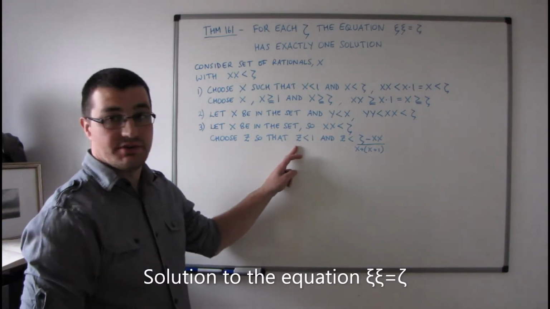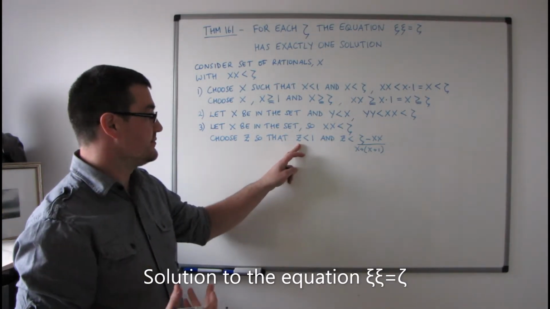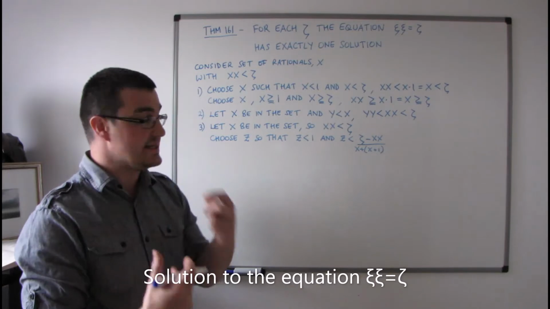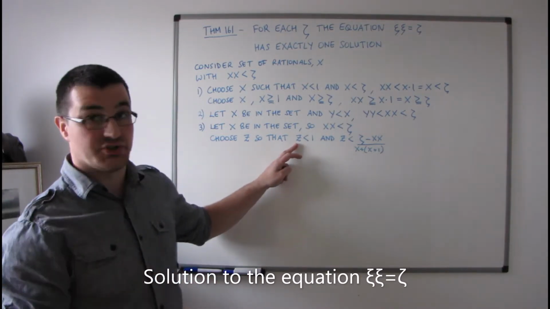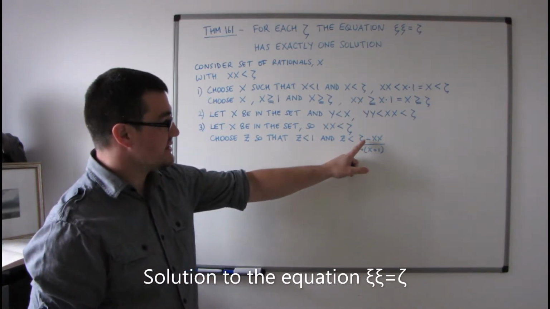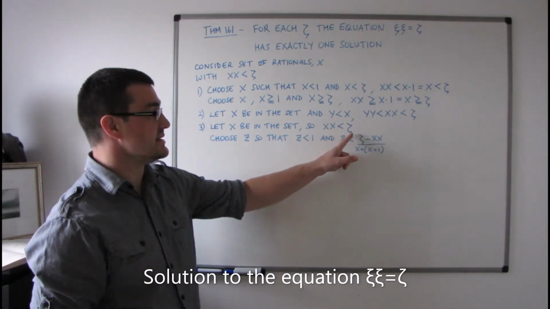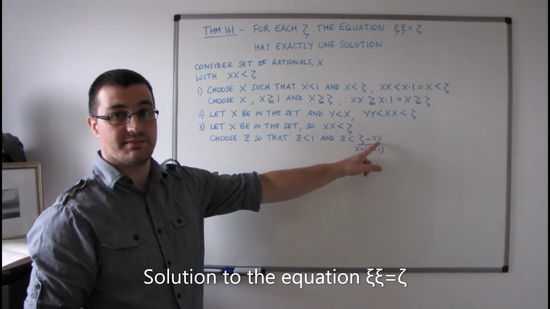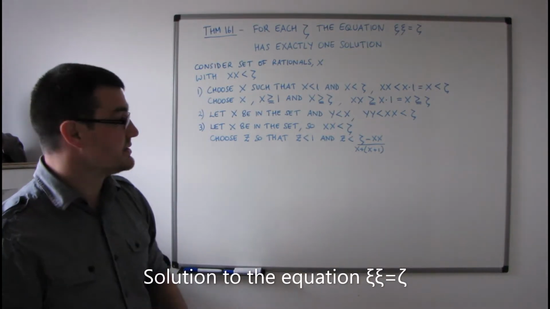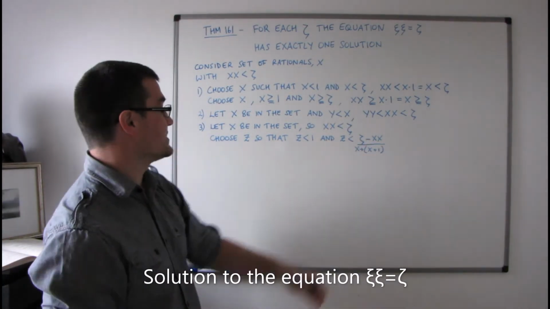Okay, again, such a z can be chosen because there's no least rational. This makes sense because x times x is less than zeta, so zeta minus x times x exists. So this expression here makes sense.